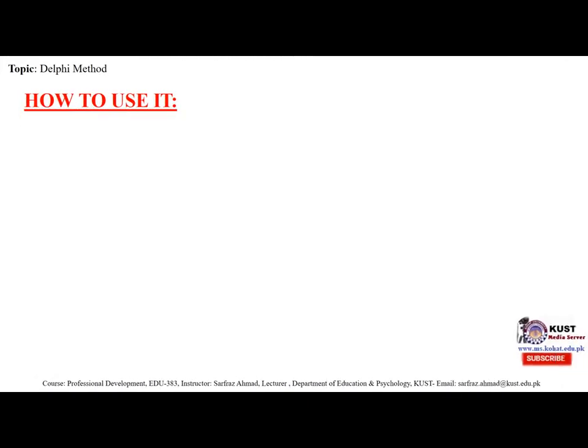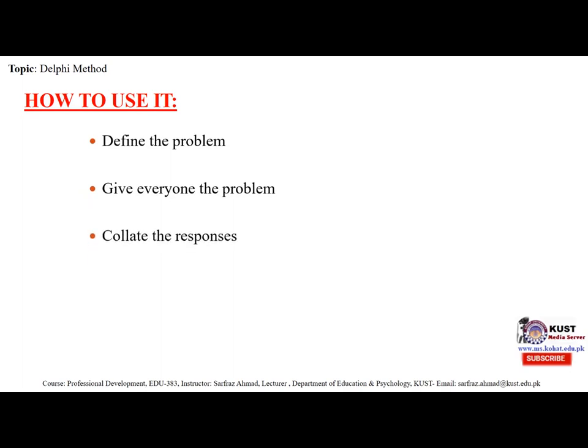How to use it? First of all, define the problem. Then give everyone the problem. Then collate the responses. And then give everyone the collection, and then repeat as necessary.